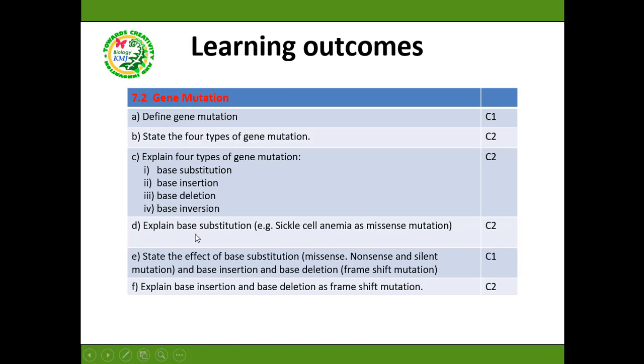D. Explain base substitution, example, sickle cell anemia as missense mutation. E. State the effect of base substitution, missense, nonsense, and silent mutation, and base insertion and base deletion, frameshift mutation. F. Explain base insertion and base deletion as frameshift mutation.